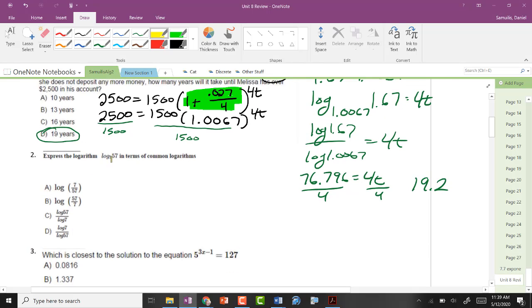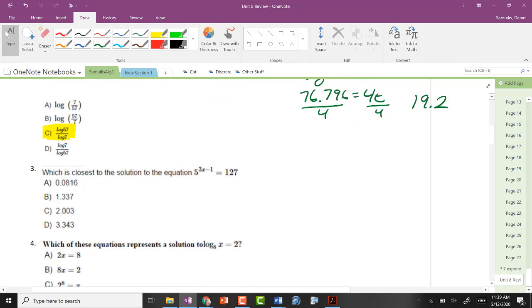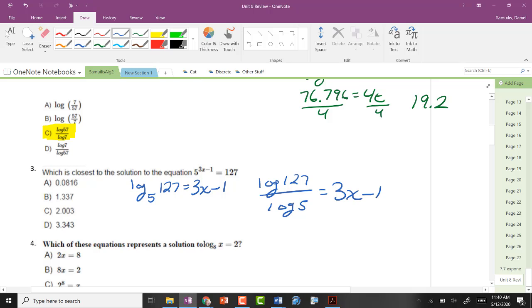Expressed in common log form, the 7 goes to the bottom. Remember, these are two separate logarithms, so it is letter C, log 57 over log of 7. That's common log. All right, next one, convert to a logarithm. Log base 5 of 127 equals 3x minus 1. So common log, log of 127 over the log of 5 equals our exponent.